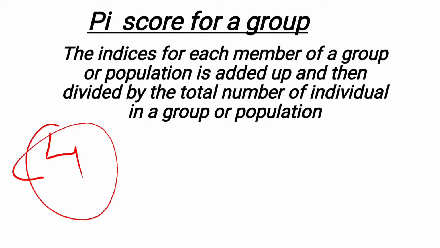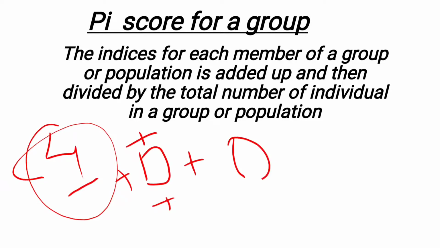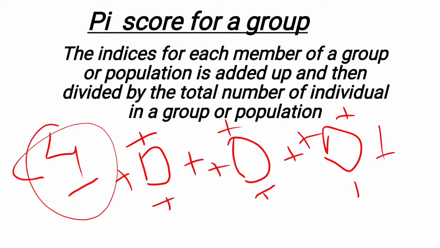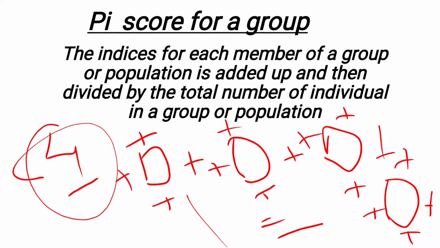What I mean to say is, if we are taking 4 teeth, then we are going to see all the surfaces of these 4 teeth, adding this score of the 4 surfaces, and then dividing by the number of teeth examined, that is 4.